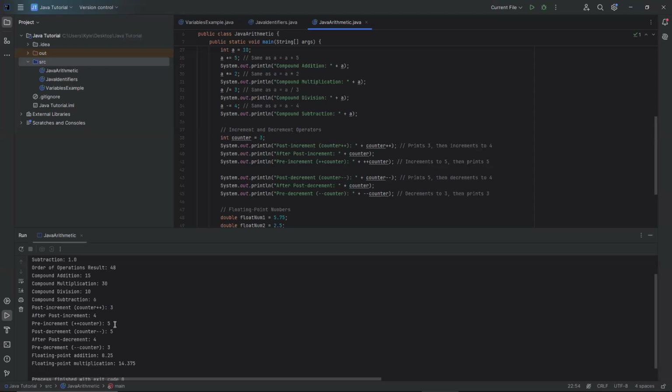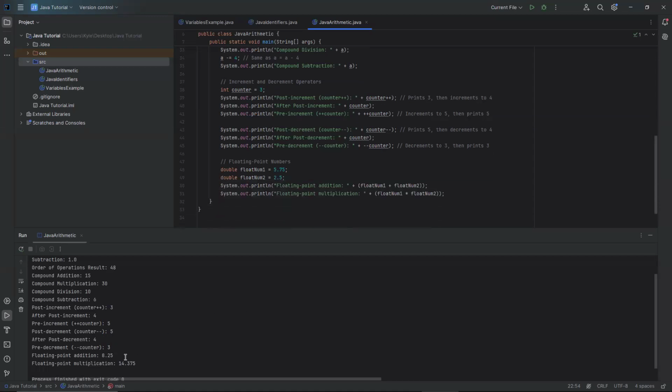And then same thing with post-decrement here. We start off with 5, then it decrements to 4. After the post-decrement, we're down to 4, and then the pre-decrement decrements to 3, then prints 3. And then the floating point calculations give the expected results as below.